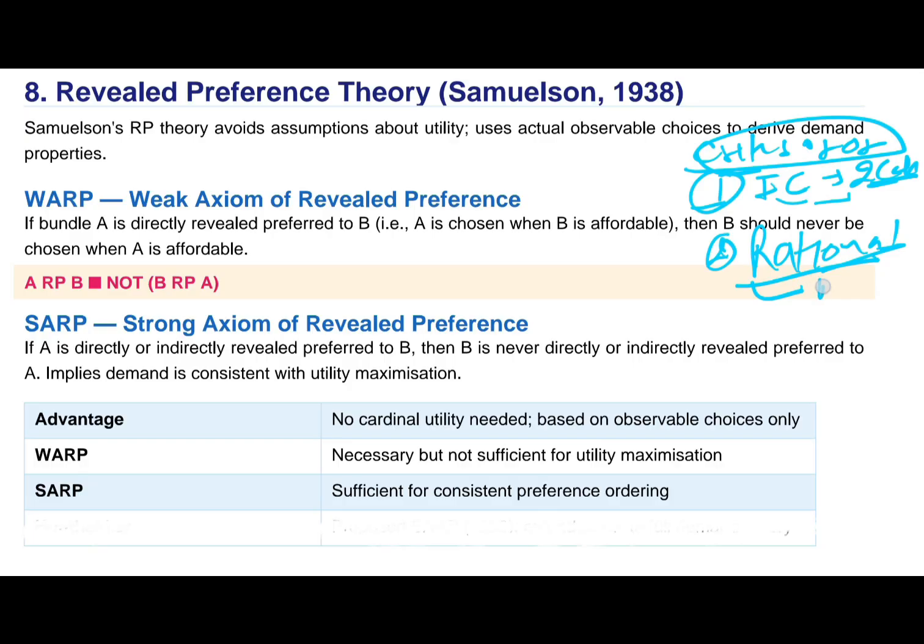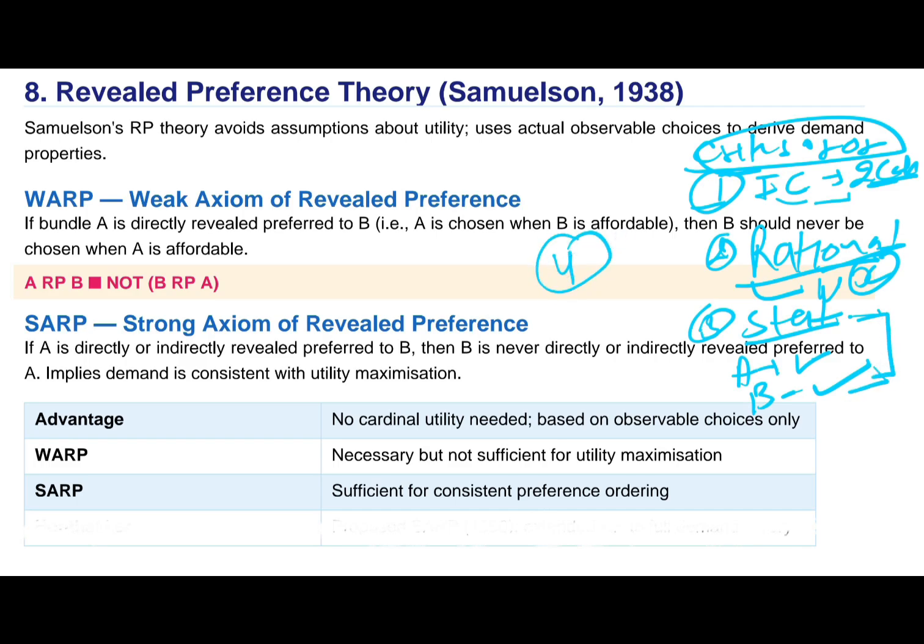Sometimes we consume more of good X because we like it, and for another commodity we don't. It is static in nature. It does not explain how our choices change over time. At point A we like something, at point B we like something else, so it does not explain this as well. And the fourth point is, again the same as cardinal utility, the price effect can't be divided between the substitution effect and the income effect.